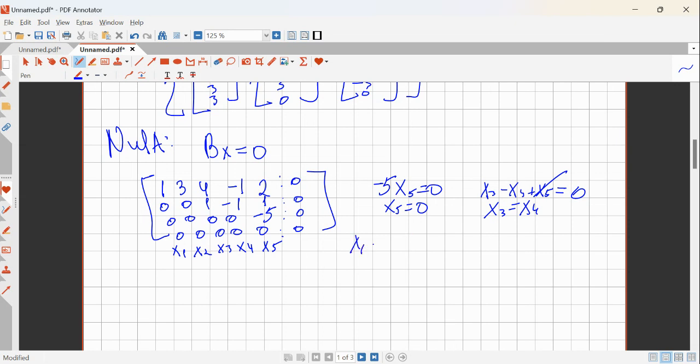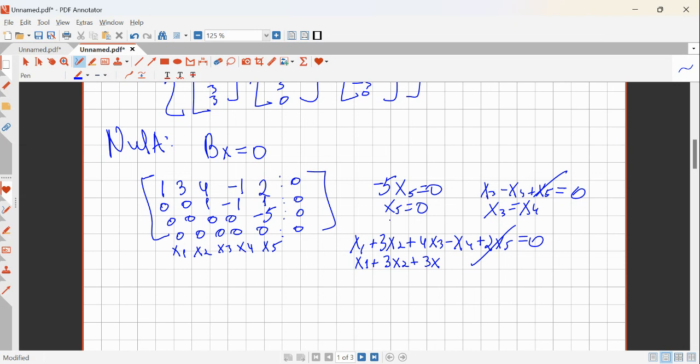What about the first row? x1 plus 3x2 plus 4x3 minus x4 plus 2x5 equals 0. We can eliminate x5, and we have to get x1 since it's a pivot position.